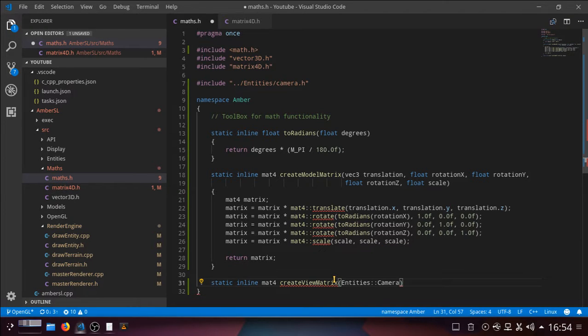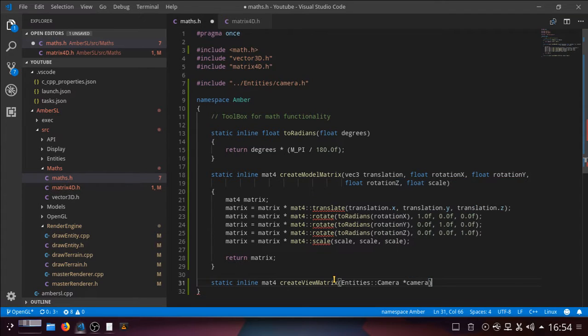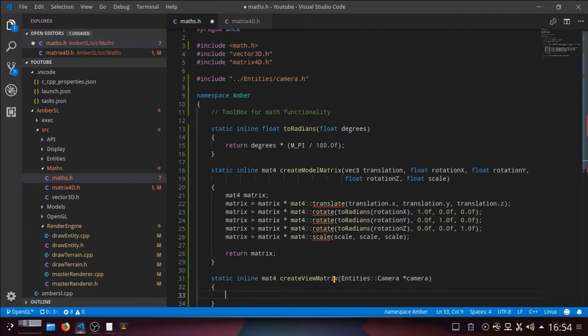It's a view to the camera, not from, but to the camera. We're working that way around. Don't worry about it. It's pretty precise. And we'll want a pointer for the camera. We don't want the camera itself. We'll just want a pointer to it, like an address or something. I could use an address, I suppose. Nah, let's use a pointer. We don't use pointers often enough, I think. There we go.